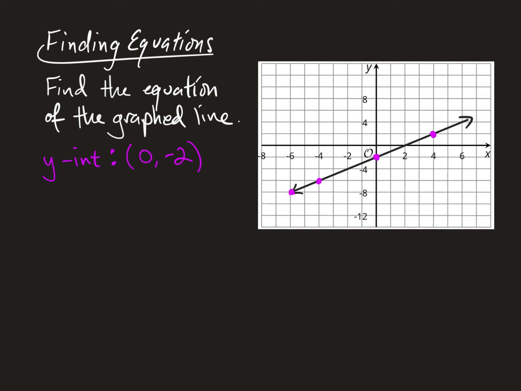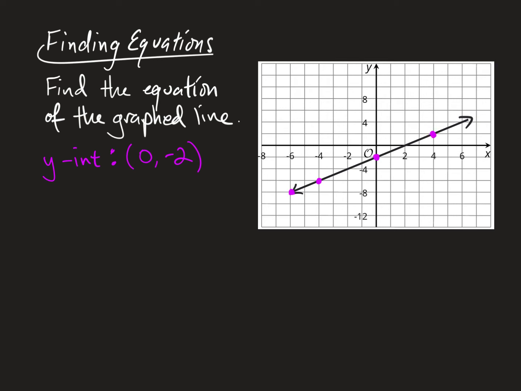So any other point, in fact, any of these 2 points will work. So let's go ahead and stick with the first 2 that I picked. The y-intercept will be one of them, and you can pick any of these other points you so desire. I'm going to pick this one, and I'm just going to use my rise over run technique to find the slope between these 2 points.